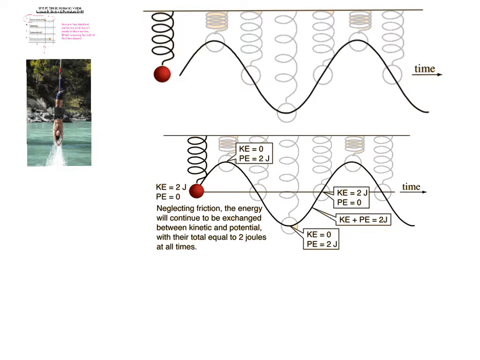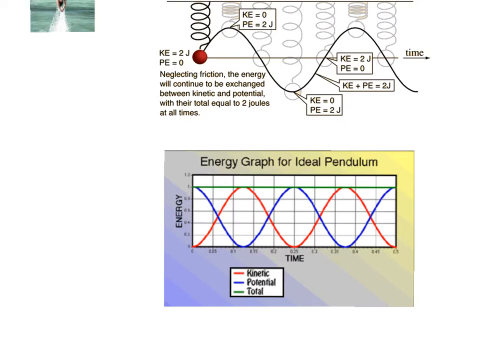Now, if we were to graph this, our graph would look something like this, where we've got our kinetic energy increasing and decreasing. We've got our potential energy increasing and decreasing, and our total energy remaining constant. Now, this graph would look the same regardless of whether it's a mass on a spring or a pendulum.